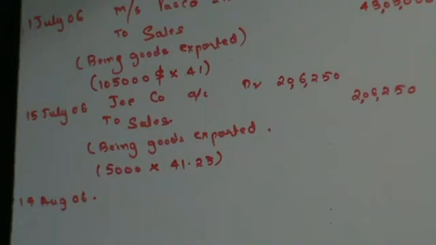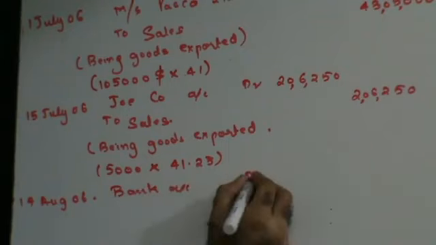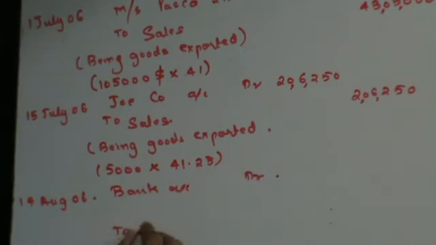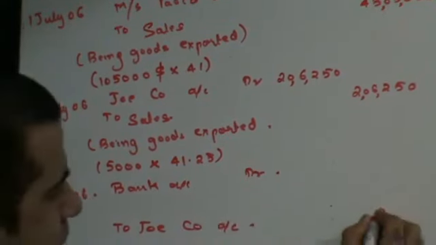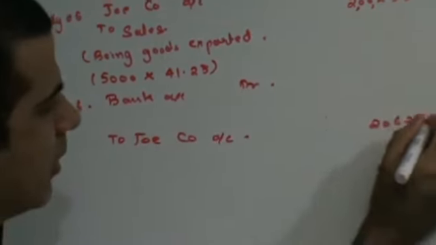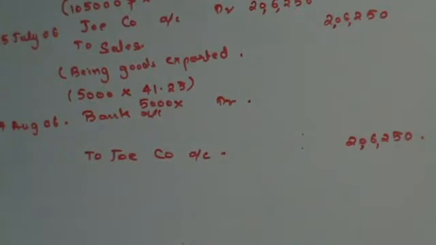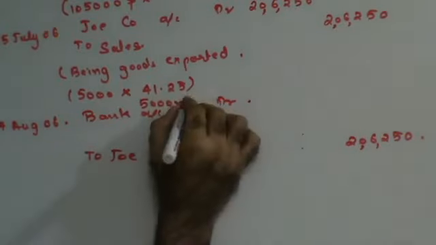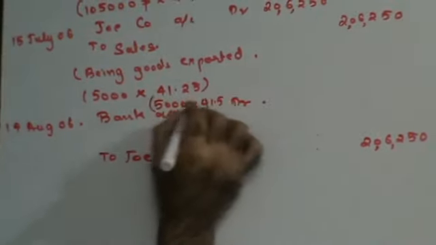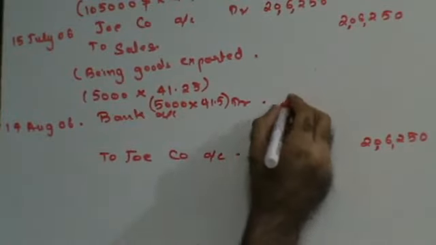They say that the payment was received after 30 days. Money is coming in. Bank account debit, leave a line, to Joe Company account. Joe Company had to pay 2,06,250, that is $5,000 on 14th August. The dollar rate is 41.5, so it comes to 2,07,500.